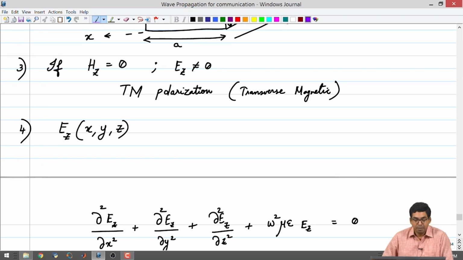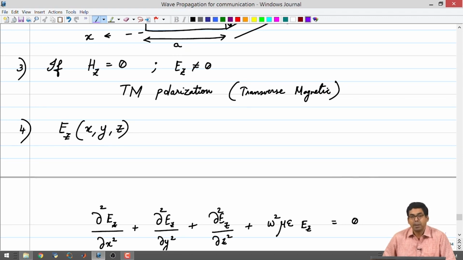So, we had picked up such a configuration, and this polarization is known as TM polarization because there is no magnetic field component in the longitudinal direction of the waveguide. So, we picked a polarization like this and we wanted to see what the field patterns would look like.